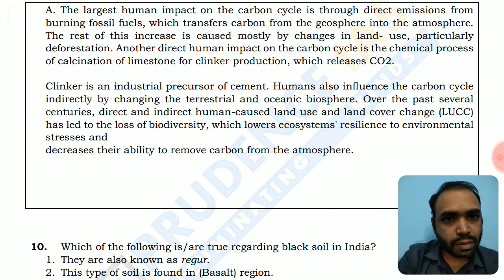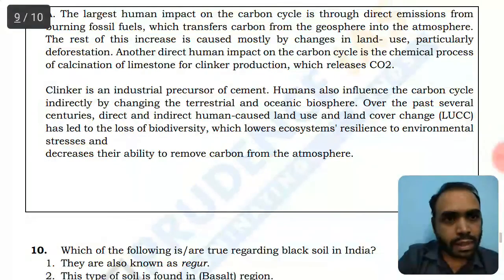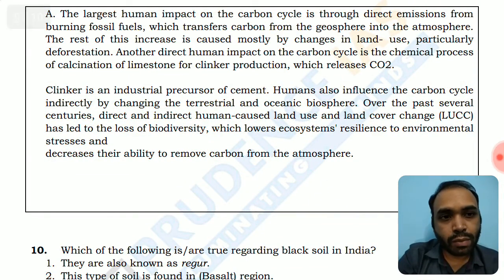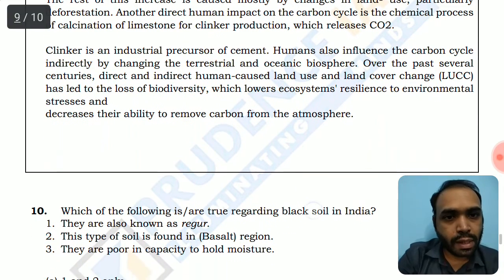Definitely, if there is a loss of biodiversity, the ability to absorb carbon from the atmosphere is going to reduce. So all these are contributing factors to the increasing volume of CO2 in our atmosphere.